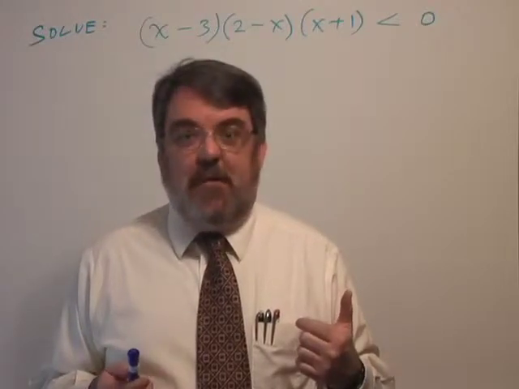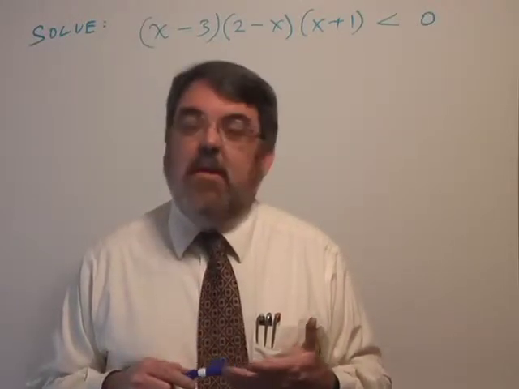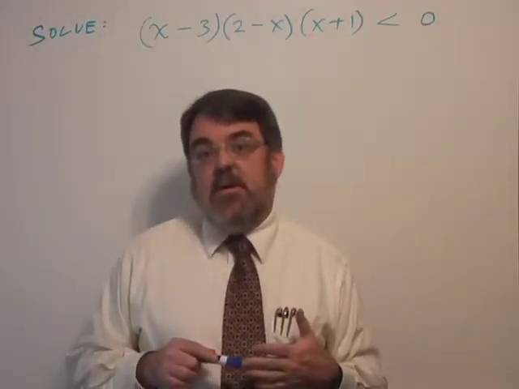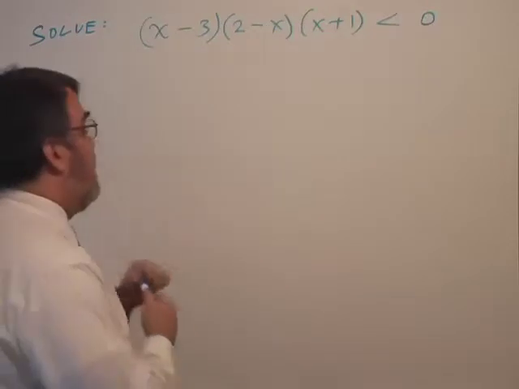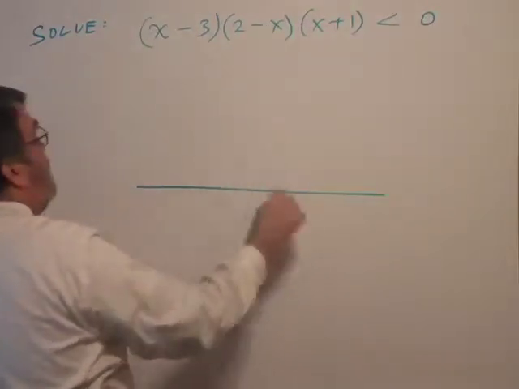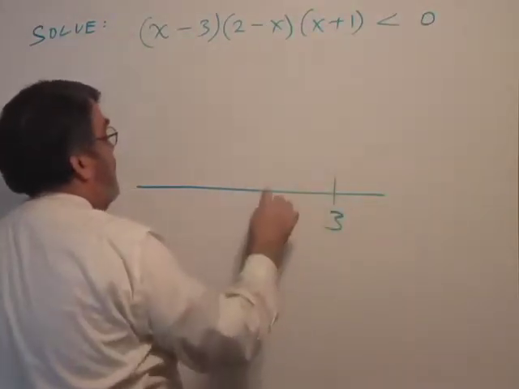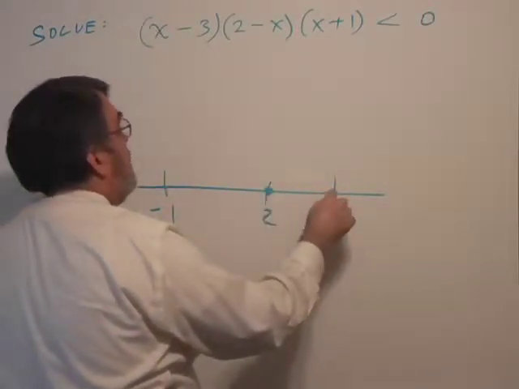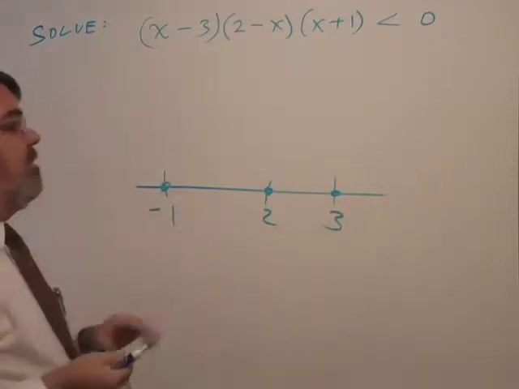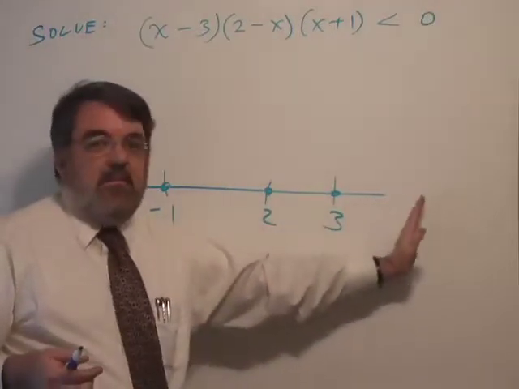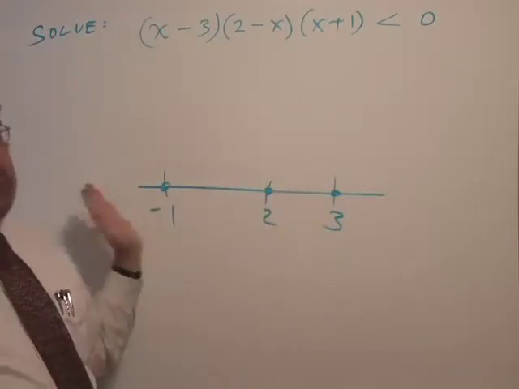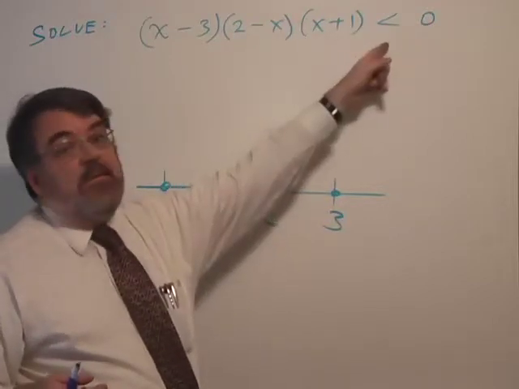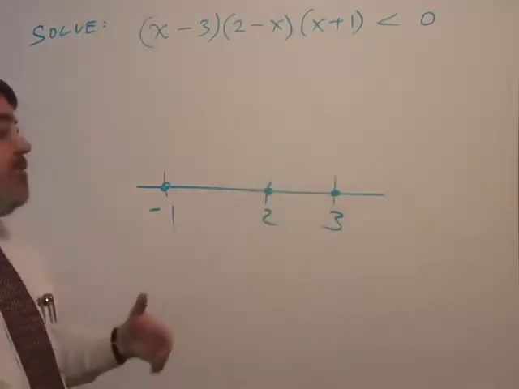I find this to be far easier than how the textbook shows you. Now the textbook method is good, and certainly nothing wrong with it. What it does is you find these roots, which are 3, 2 and −1, and then you pick a number in the intervals in between or on the outside of these roots, and plug those numbers in to see if your product comes out less than 0 or greater than 0.